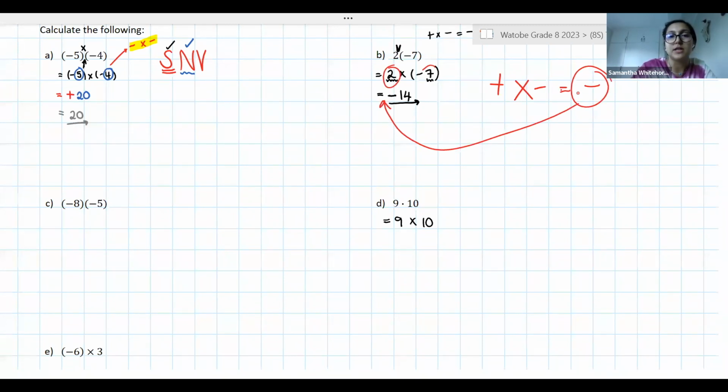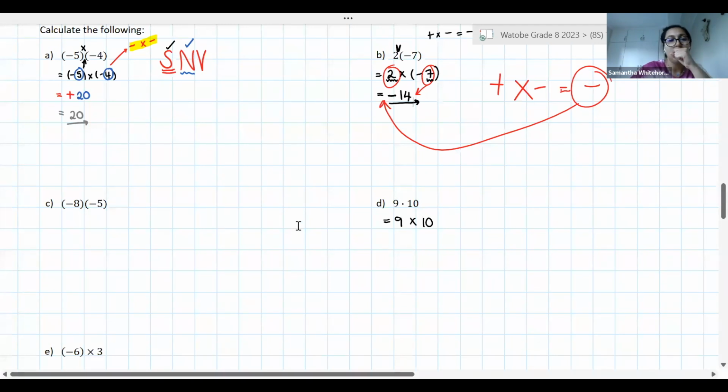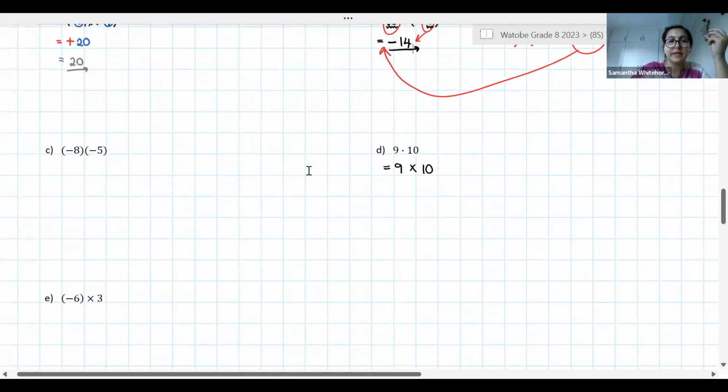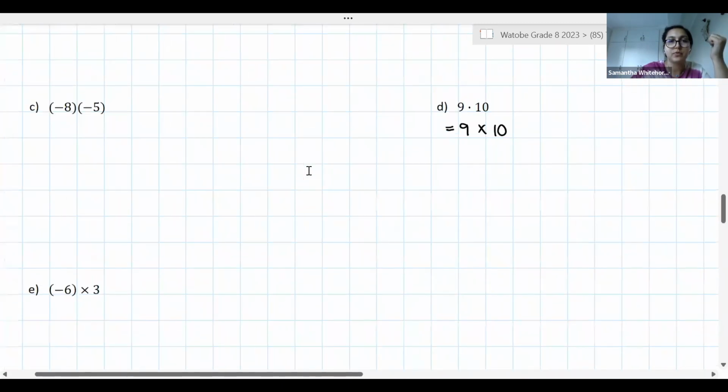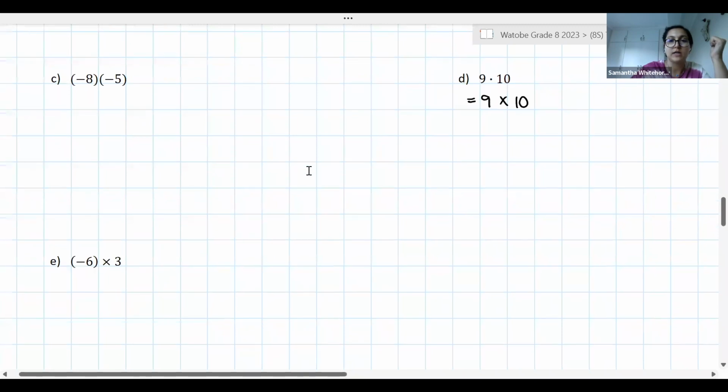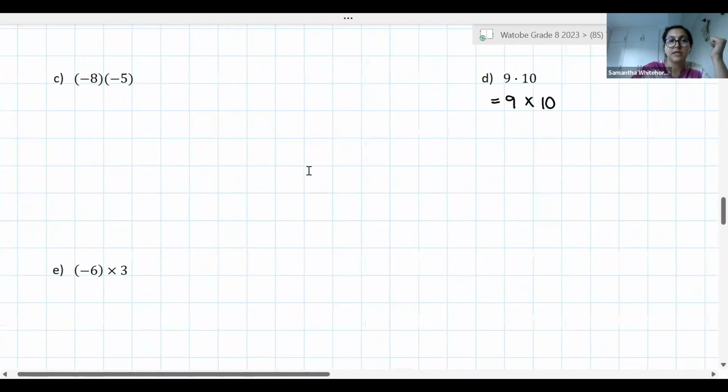And then 2 times 7 gives me 14. So I dealt with the sign first, and then I dealt with the numbers. Hopefully that clears up B, but obviously just put your questions in the chat, or when I tell you to raise your hands for questions, please do.